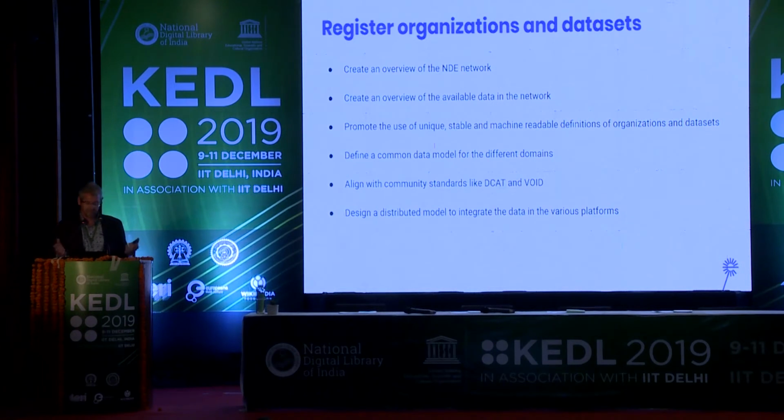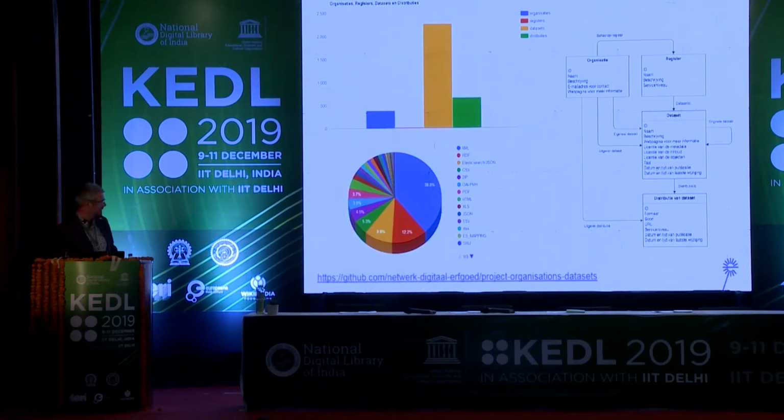Another topic is where is all the information, and what we did so far was doing an inventory of all the data in 22 aggregation platforms we have in the Netherlands. We just pulled out all the information about organizations and data sets and tried to match them. And we recently built a result, and we're still quite in the mist about how many collections we really have, what the data set is, what's the version of the data set.